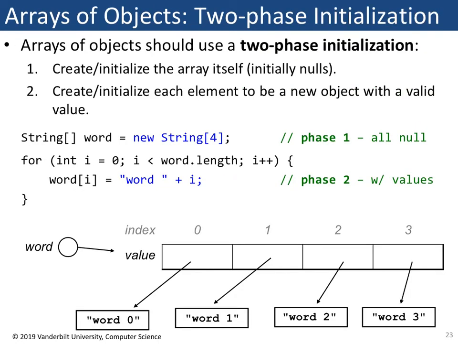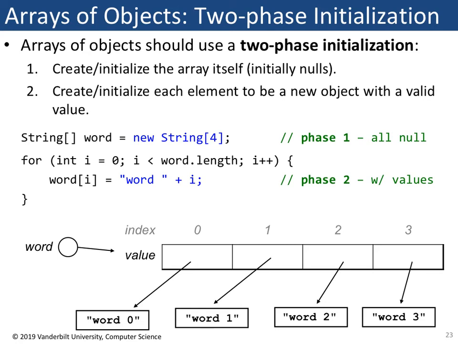So when you think of initializing arrays of objects, you should understand that they require a two-phase initialization. You have to create the array and then also create the object that is going to be pointed at by each element of the array. So create the array itself, and it will initially hold all nulls, then create the object that each element will point to.